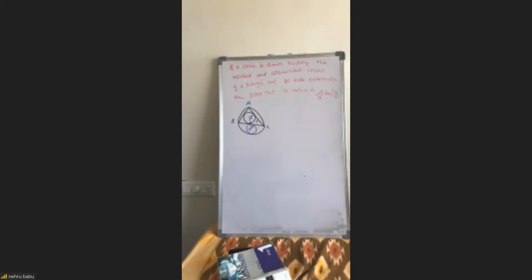Sir, one more circle might be possible now, sir. BC externally is given. Yes, sir, like if you take a circle above the line BC, sir. Above the line BC, how is it touching externally? Right side, sir.